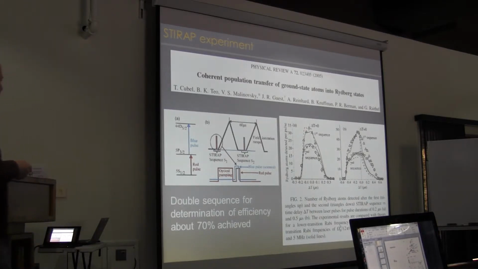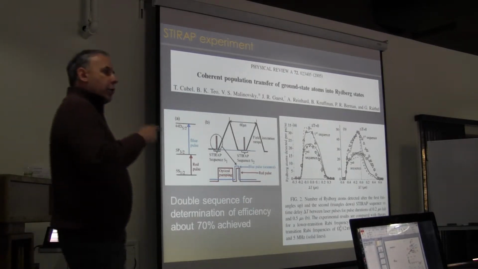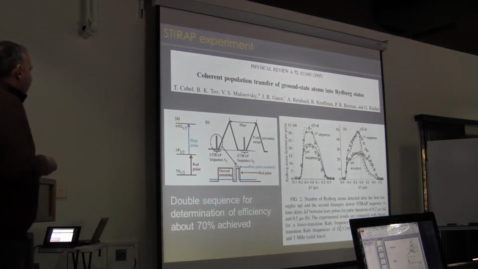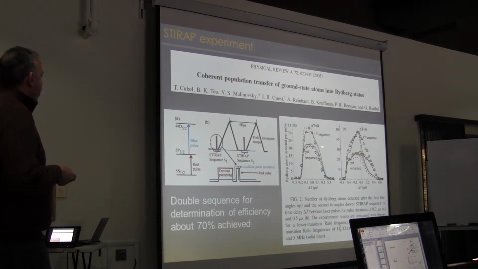And they came up with a very nice method of using a double sequence. So first one sequence, then a second sequence, which allowed them to extract the quantitative efficiency of the excitation, even though they didn't know the original number of atoms they were interacting with. They did this for a couple different pulse lengths of the sequences and saw excitation efficiency getting up to about 70%.